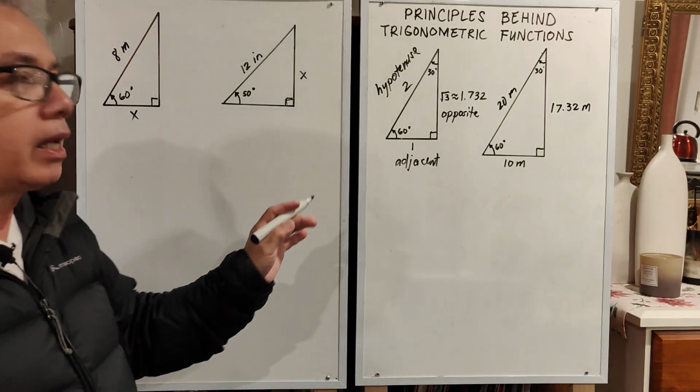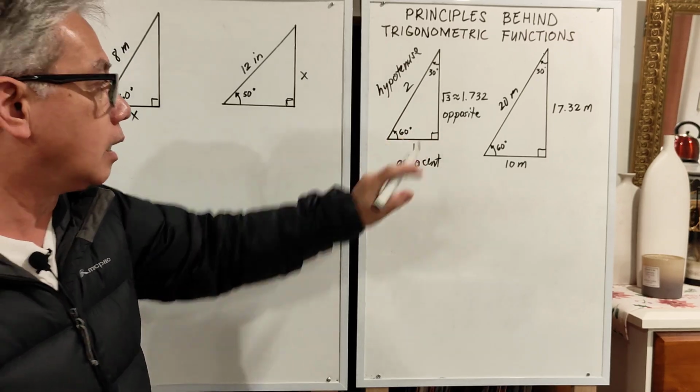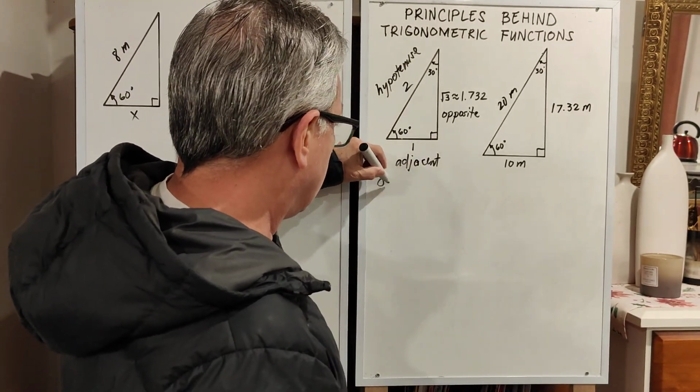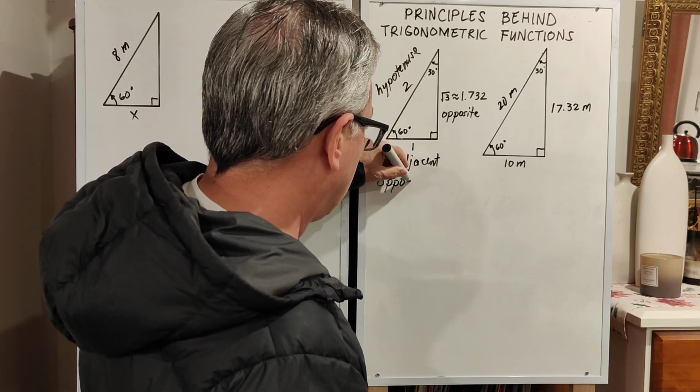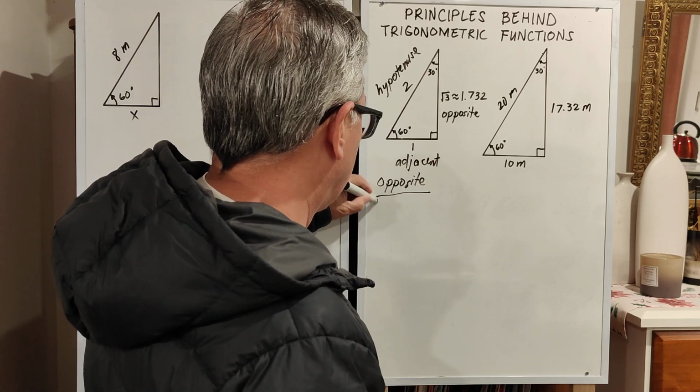Now, we can make ratios of the 60-degree angle. For example, let's see the ratio of the opposite over the hypotenuse.